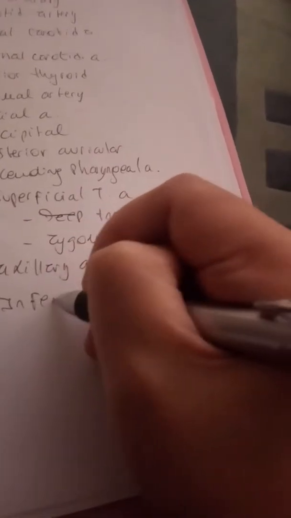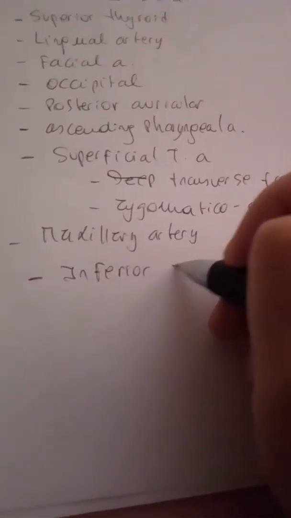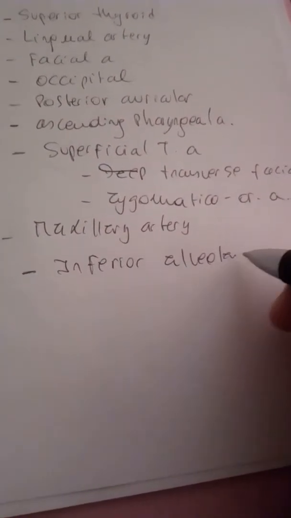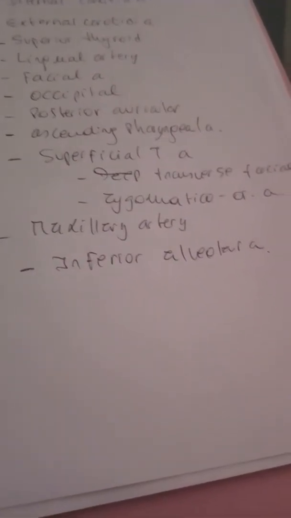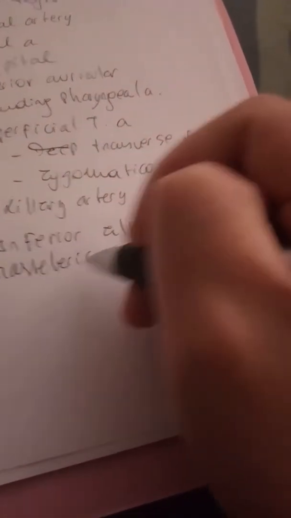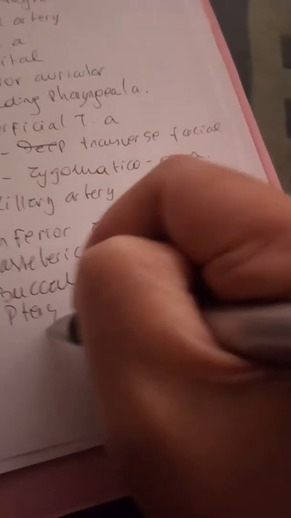So we have the inferior alveolar artery. Then we have meningeal, buccal, pterygoids.